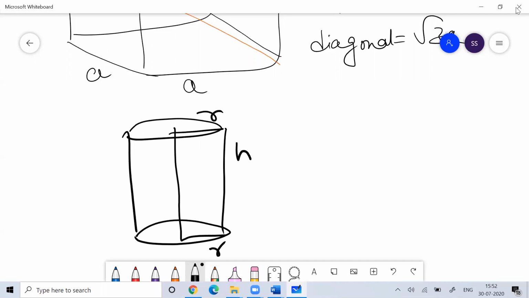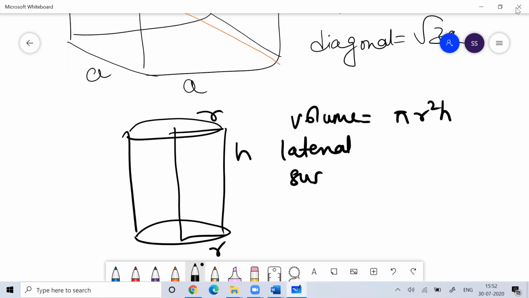So the volume of the cylinder is pi r square h, while the lateral or curved surface area of a cylinder is equal to 2 pi rh.